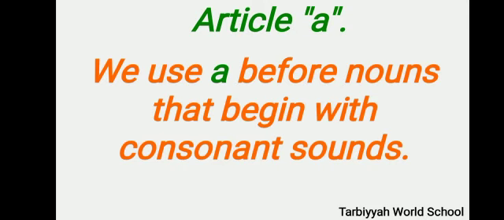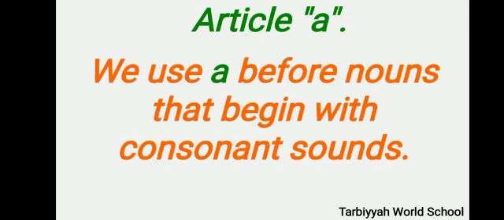See where we use article a. We use a before nouns that begin with a consonant sound. So we put article a not on the actual letter the word is beginning with, we put an article on the sound of the beginning letter.